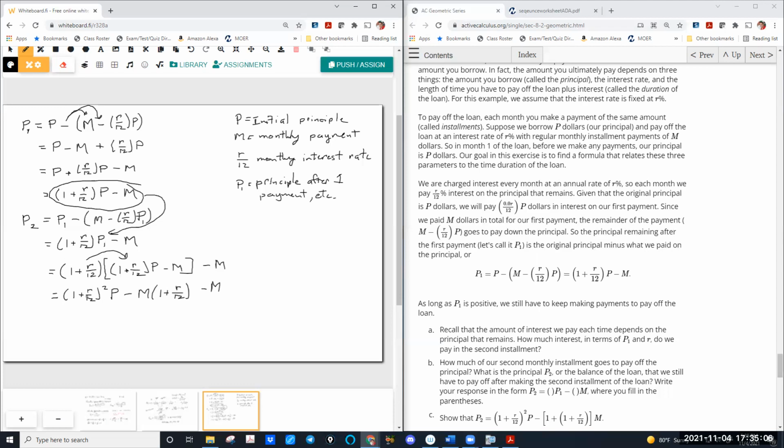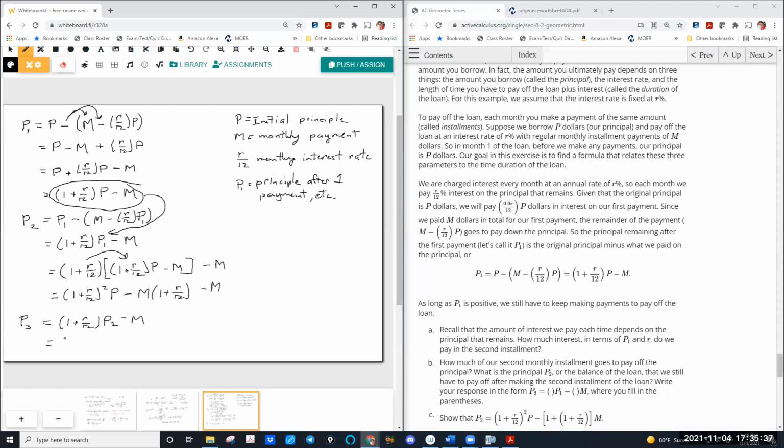All right. Now, this pattern is going to continue. So what happens when you do P3? Without doing all the algebra, it's going to be the same thing. P3 equals 1 plus R over 12 times P2 minus M. So you literally do the exact same algebra that we just did.